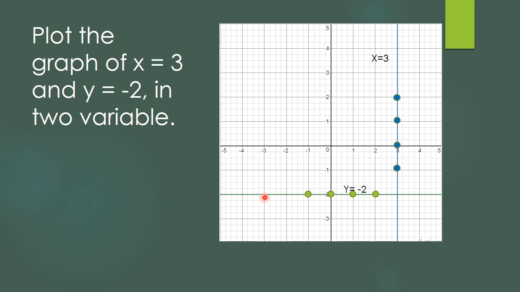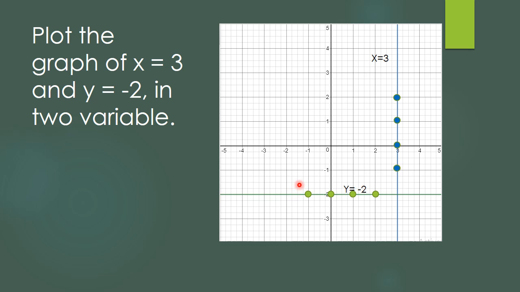And here we have plotted the points minus 1 comma minus 2, 0 comma minus 2, 1 comma minus 2, 2 comma minus 2, and when we join these, we get a straight line here.